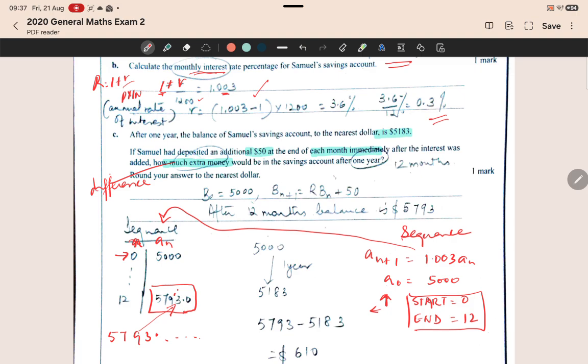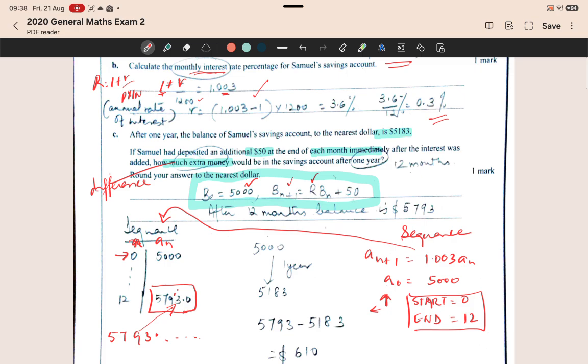On the other hand, if at the end of every month he deposited $50, so this is the second scenario, then the situation would have looked like this particular recurrence rule, where he's definitely deposited money, and the balance at the end of the next month in his account will gain interest at 1.003 times the current balance plus additional 50 every month.